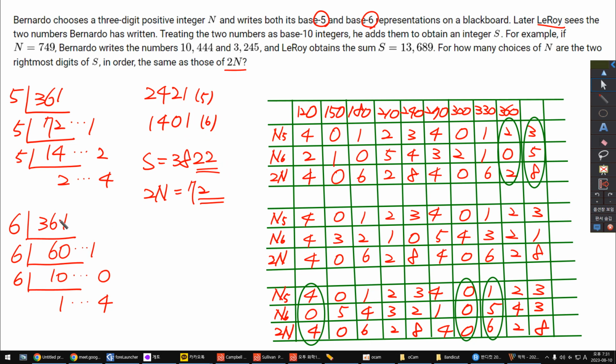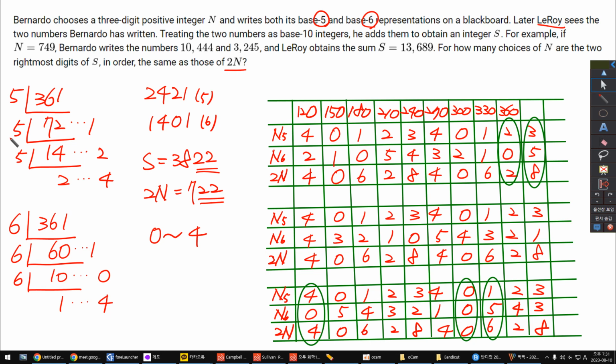And 361 times 2 is 722 still. Still we have the same two rightmost digits. So we can change the last digit from 0 to 4, because 4 plus 4 is 8. When it becomes 5, we need to change the base 5 representation.